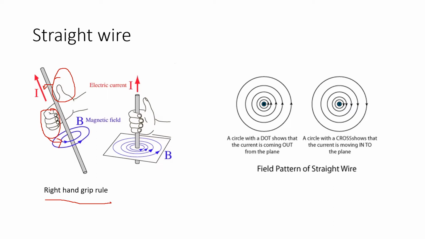Remember, when it's a dot it should be anti-clockwise. And the cross shows that the current is moving into the plane. Applying the right hand grip rule, the thumb will be pointing into the plane and the grip will be clockwise. If cross, it's moving clockwise.